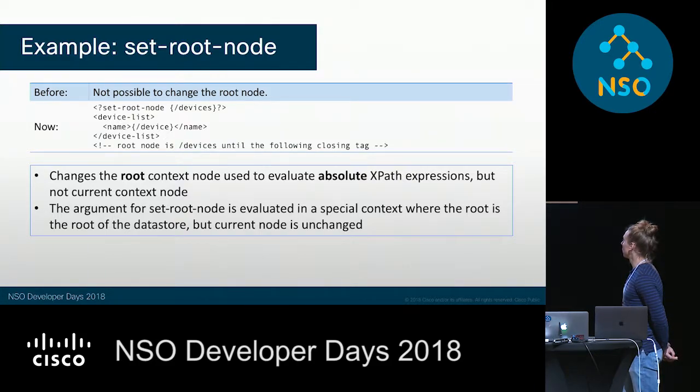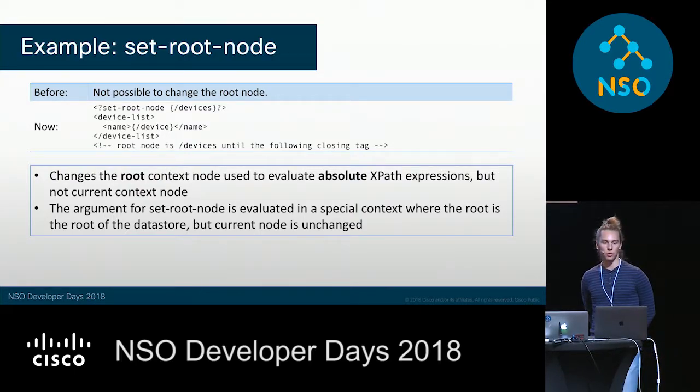So as you see, we can make the devices the new root node, and then we access the device with a slash in front because the devices is our root. So you can think of it as a chroot Linux command.